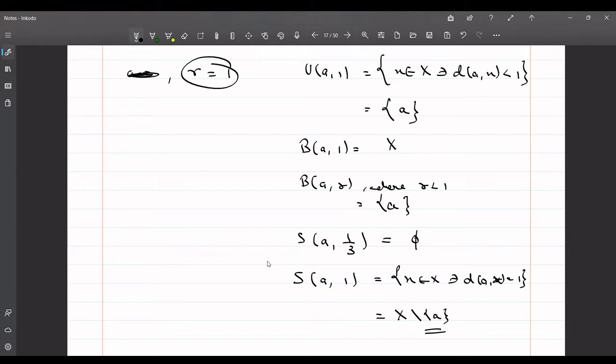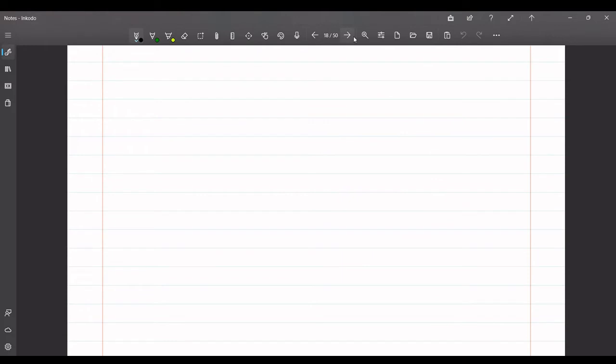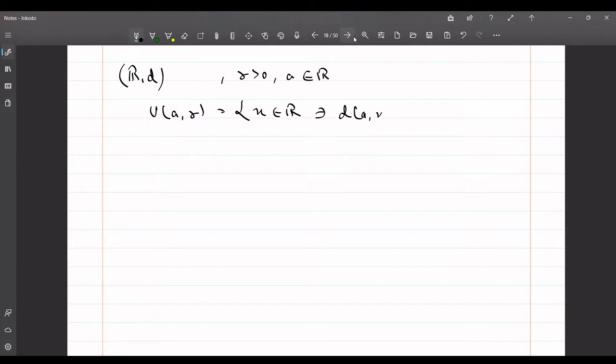Now if we move on to the real line with its usual metric, d1, the usual metric. Suppose you take U(a, r), a generalized concept, where r is any positive real number and a is any element from R. This is the set of all those elements from the real numbers such that the distance of a and x is less than r.